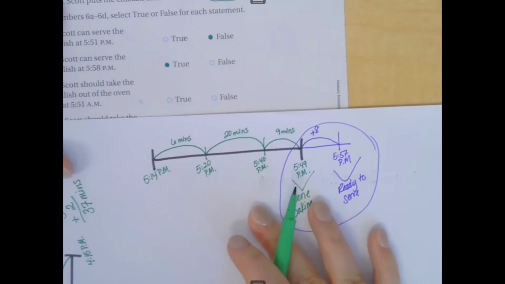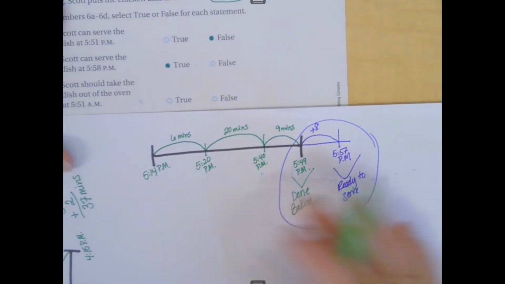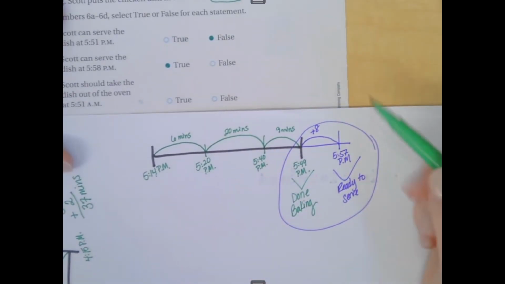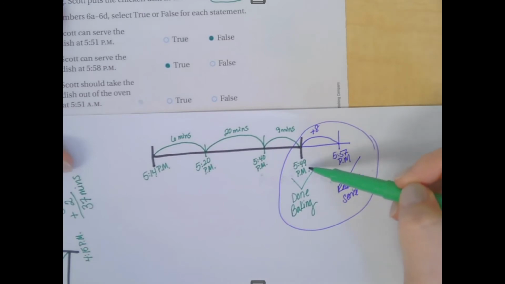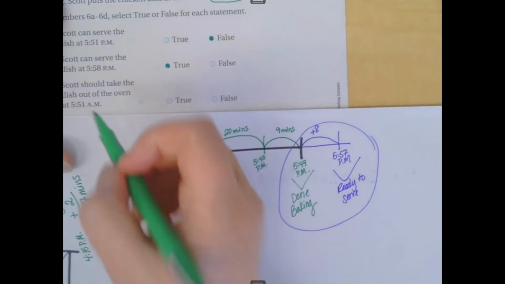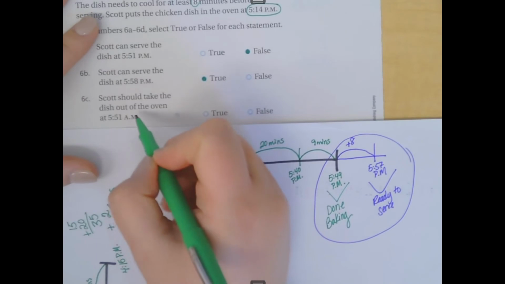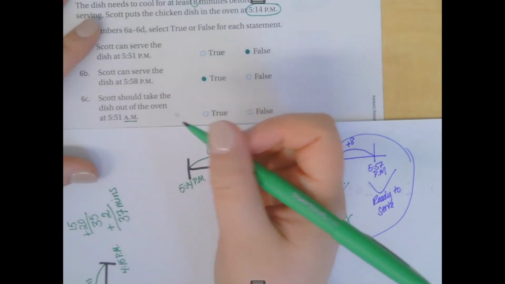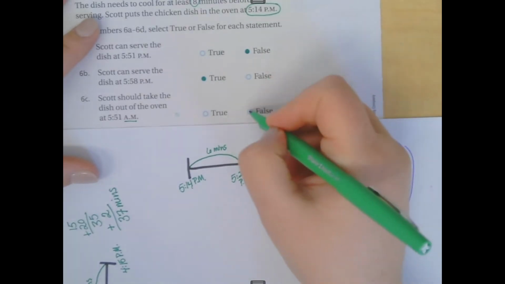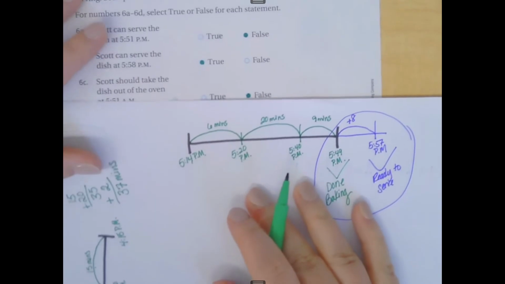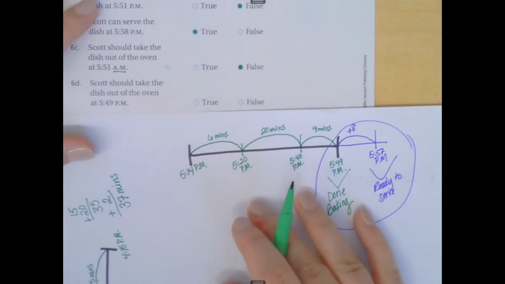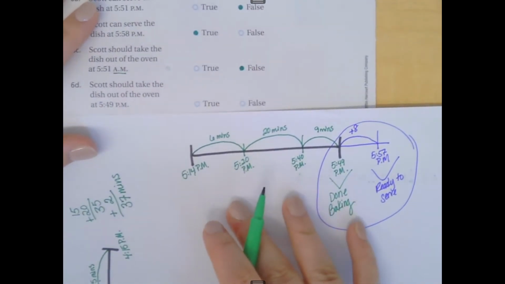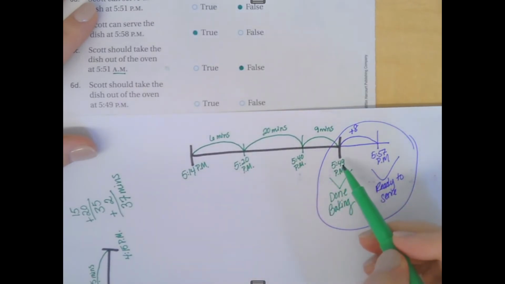Scott should take the dish out of the oven at 5:51 a.m. Well, Scott needs to take it out of the oven actually at 5:49. But not only that, look at this. You have to pay attention because they try to trick you. A.m. Not in the morning. That means it cooked all night. No, p.m. So I know it's false no matter what the time says because it's not a.m. Scott should take the dish out of the oven at 5:49 p.m. Boom, we already know that.